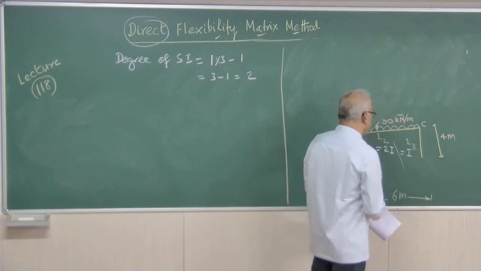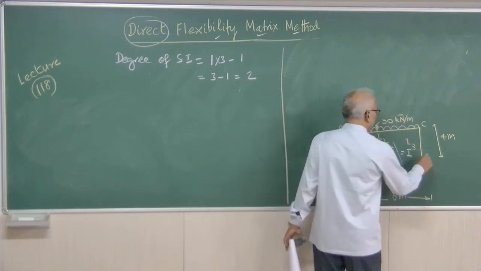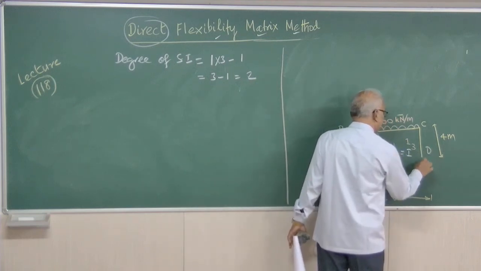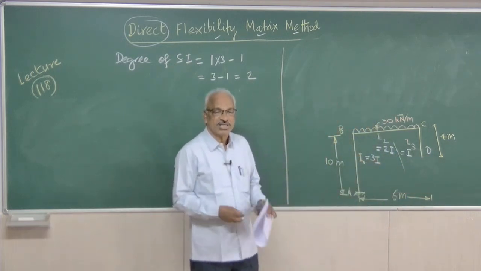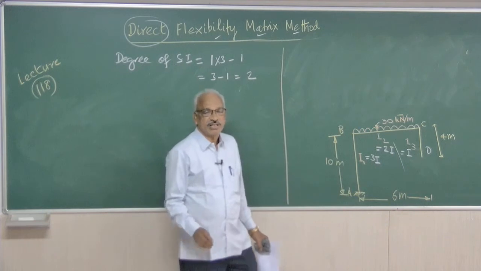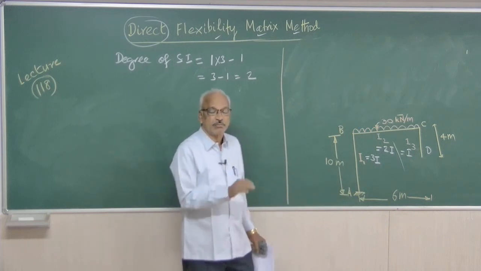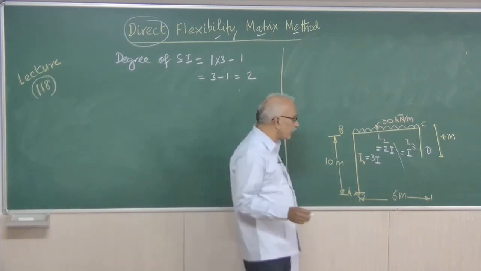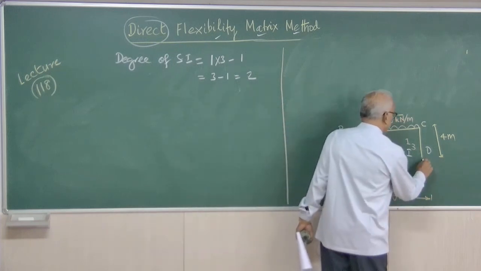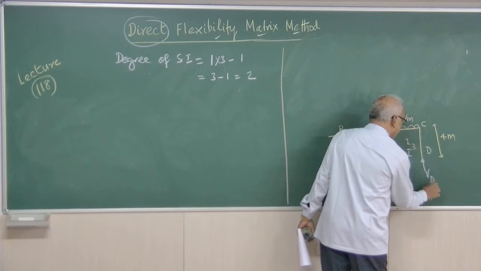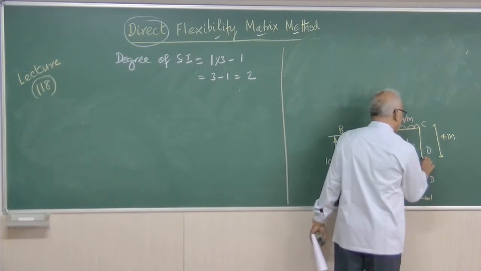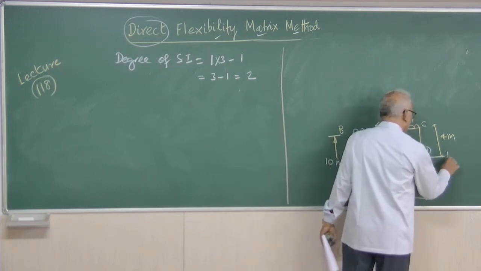When you remove the support at D, we are removing two reaction components. At a hinge, a vertical reaction is possible and a horizontal reaction is possible; both we have removed. We will replace them, so we apply a vertical reaction VD and a horizontal reaction HD.